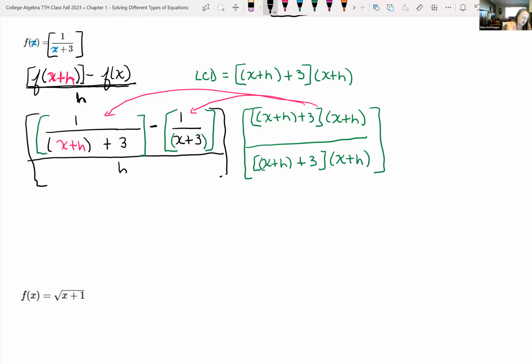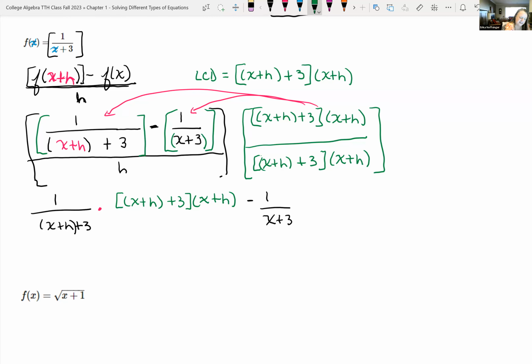So if we did that, we would have 1 all over x plus h plus 3, times our LCD, which was the x plus h plus 3, that quantity times x plus 3. Then we have this minus. We have our next term, which was 1 over x plus 3.